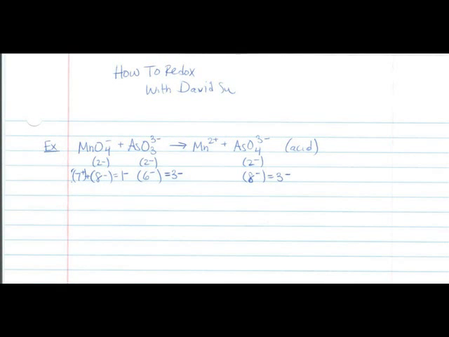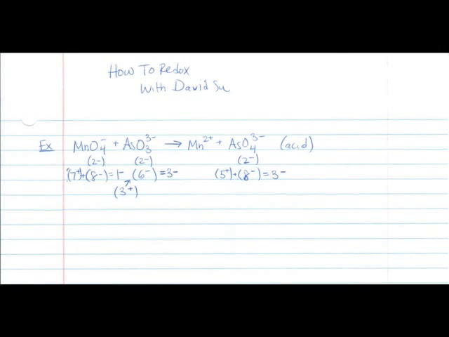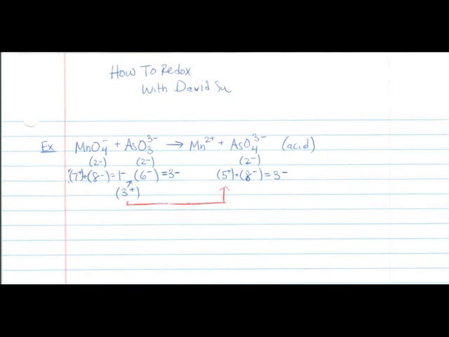You acknowledge their overall charge if they have overall charges, otherwise they're 0, and then you just figure out what the other atoms have as charges. So the As has a 3 plus on the reactant side, and the As on the product side, I think that says 5 plus. Can't tell. I'm gonna hope I'm right.